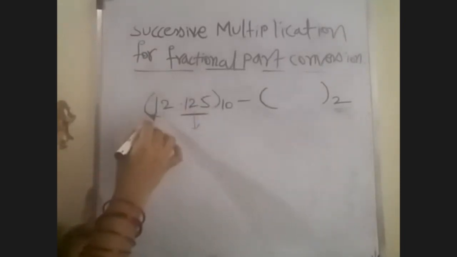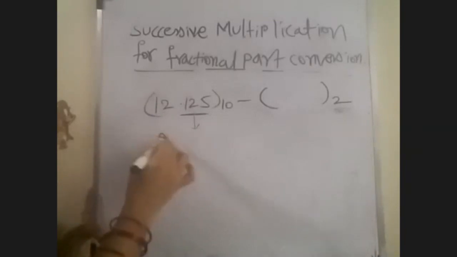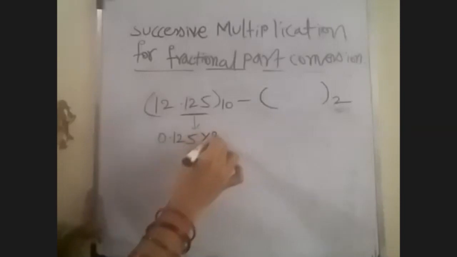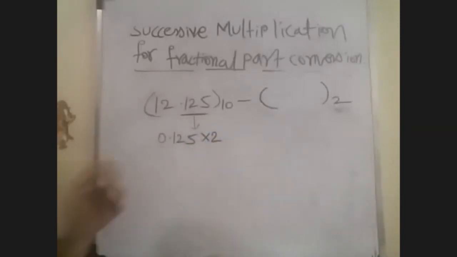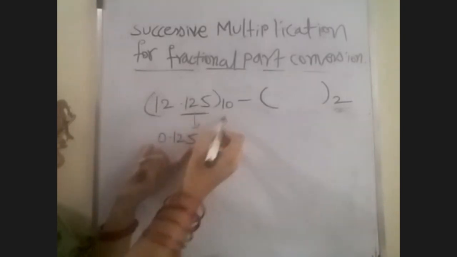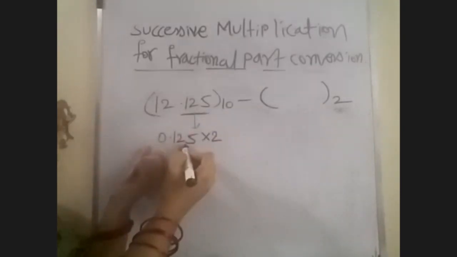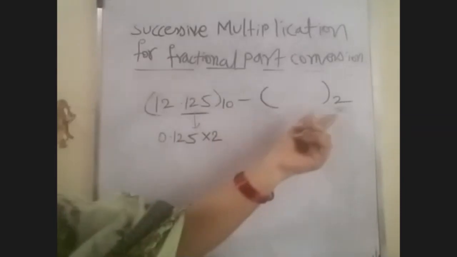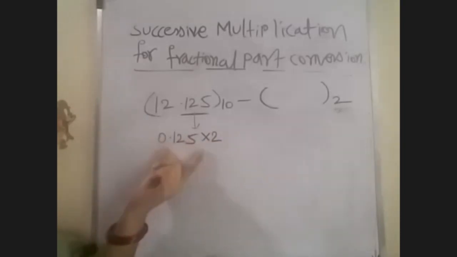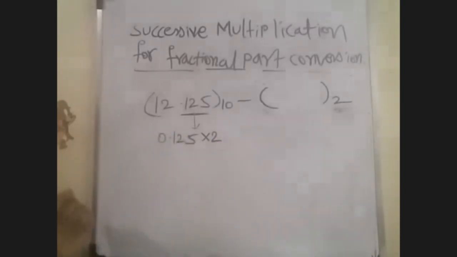Now the first step: 0.125 into 2, that is, multiply the fractional part of the decimal number by the desired base number, which is 2. What is 0.125 into 2? 0.250.